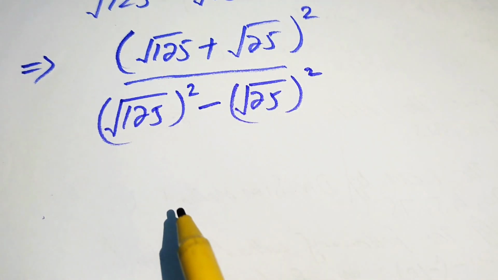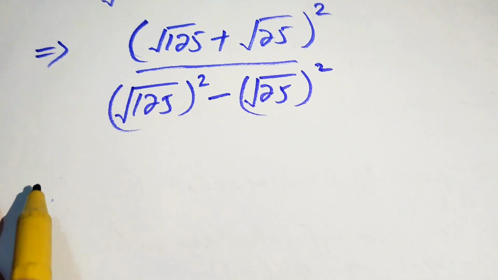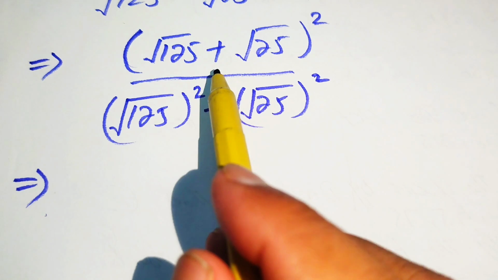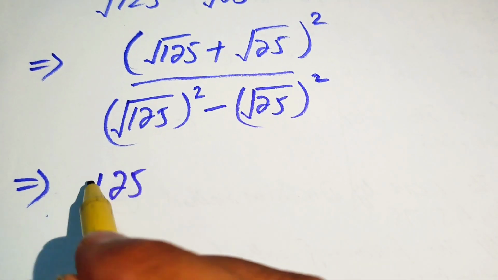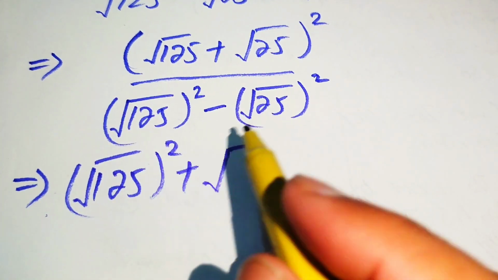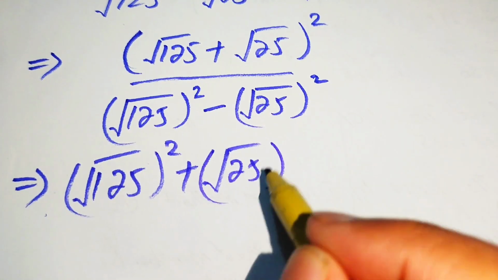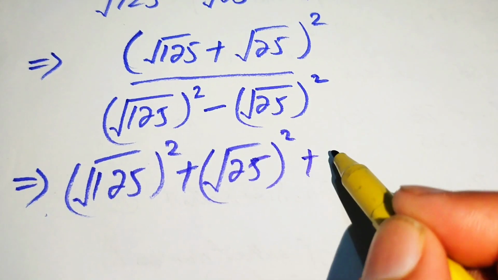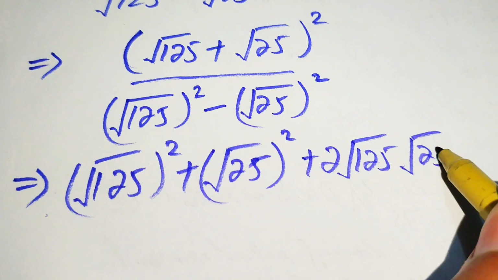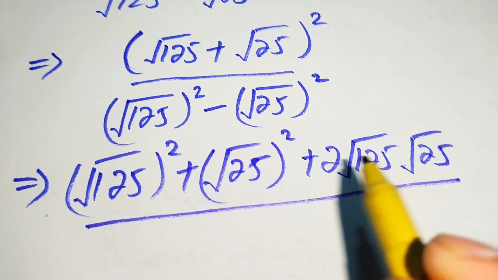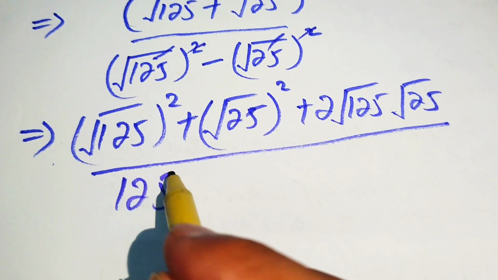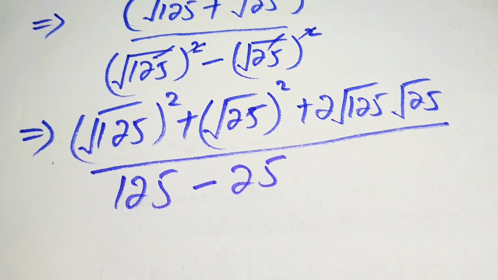Now we again need a little bit of simplification, and we directly open this term by using the square identity: (√125) square plus (√25) square plus 2 times √125 into √25, divided by, so the square and square root are gone, and we get 125 minus 25.